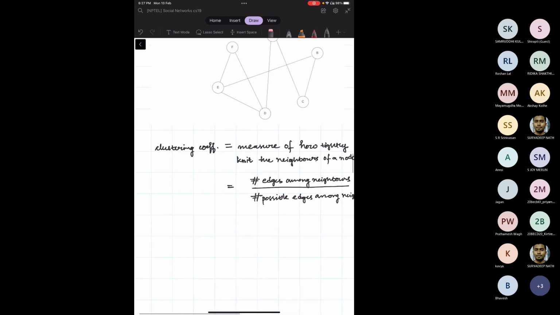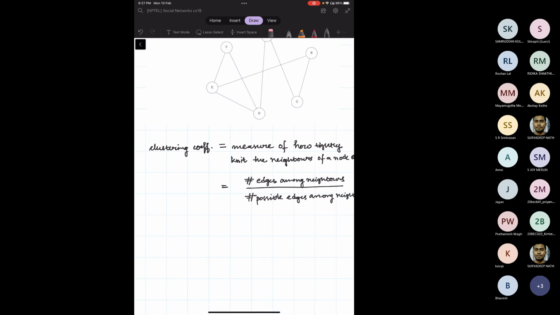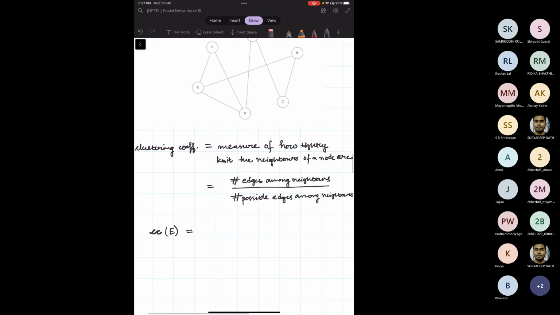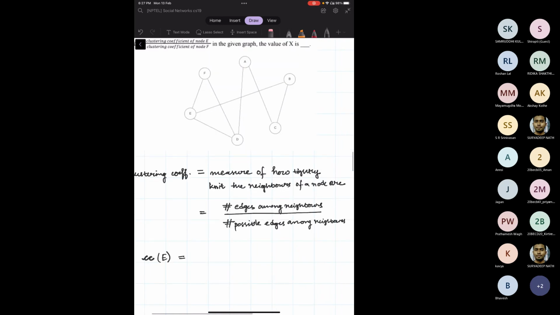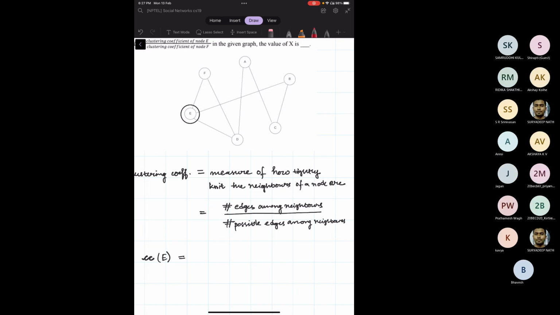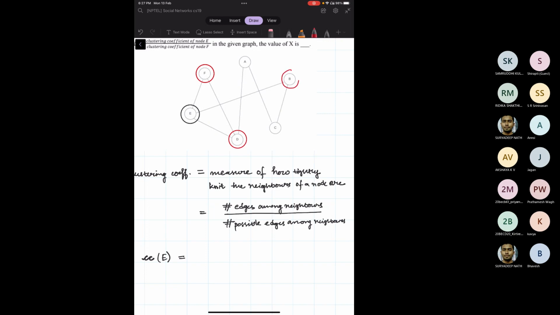So here, the clustering coefficient of E. Let us call it CC for abbreviation. The neighbors of E are F, D, and B. So you have three neighbors.